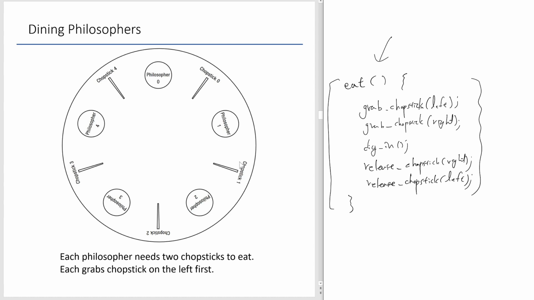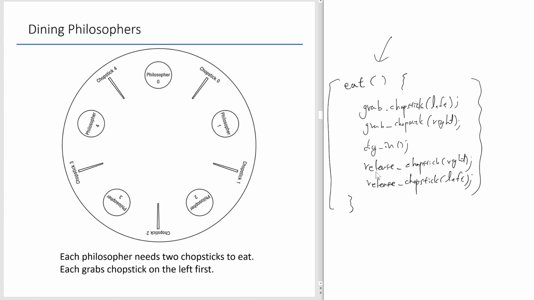And it has to wait while holding chopstick 2, because the very fact that philosopher 2 tries to grab the chopstick on his right implies that philosopher 2 has obtained the chopstick on his left, which is chopstick number 2. And this is obviously lock left and lock right, then unlock right and unlock left.